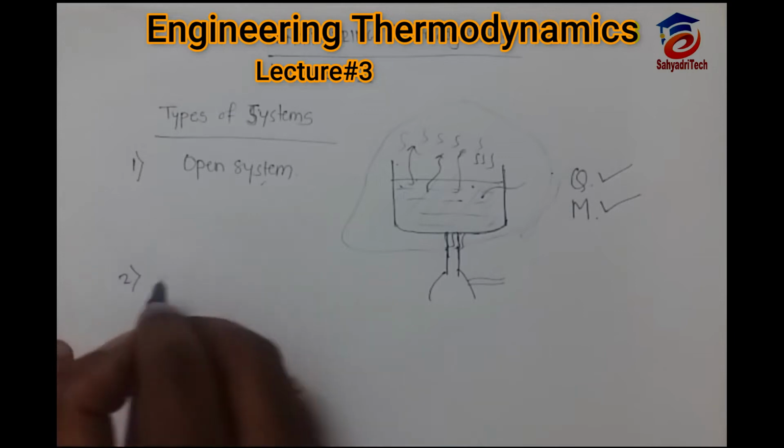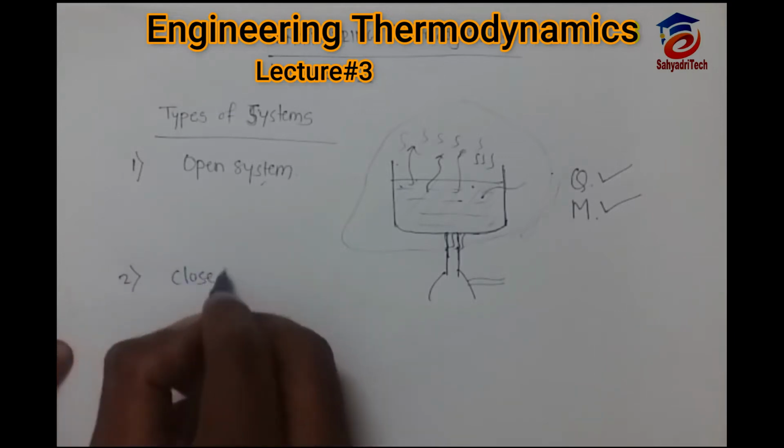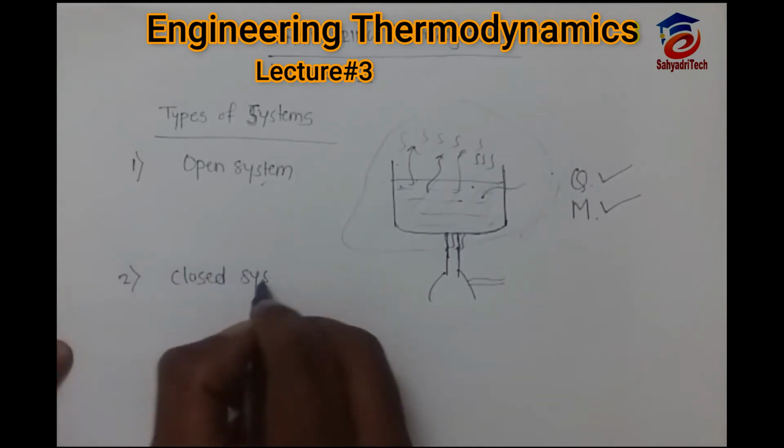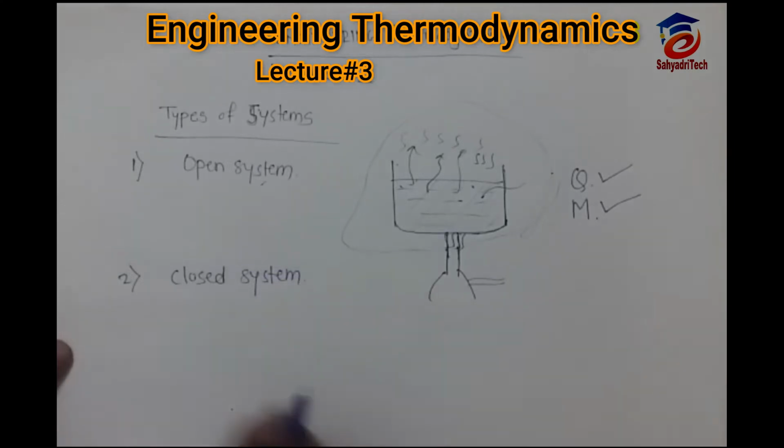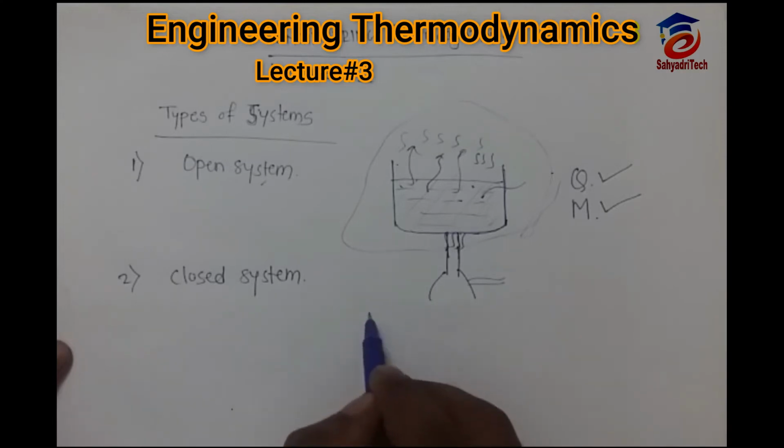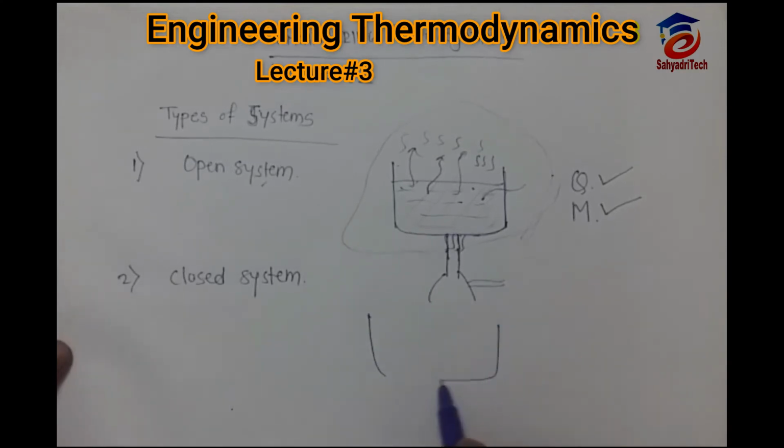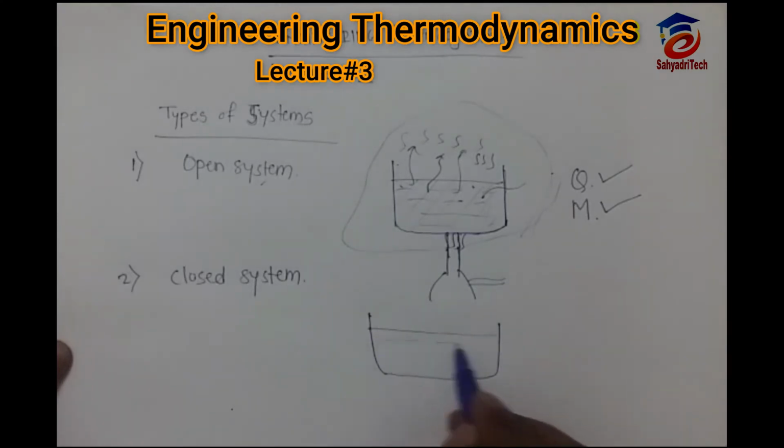The other type is the closed system. So what happens in a closed system? Suppose we have one container and water is there.